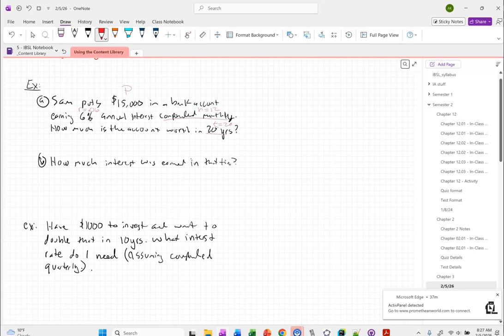So if I want to write my equation, I'd say A of T equals 15,000 times (1 plus 0.06 over 12) to the 12t.